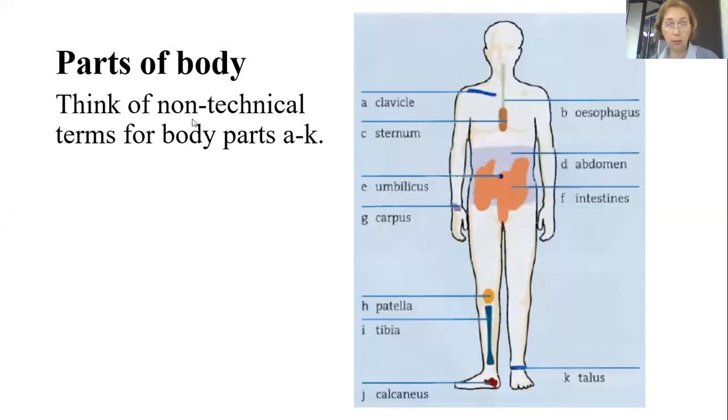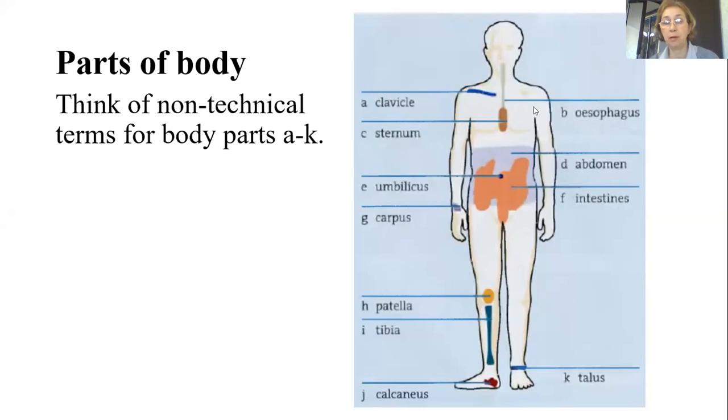Can we say also for esophagus, gullet? Yes. Can we use throat for esophagus? Yes, throat is the beginning of this pipe, right?